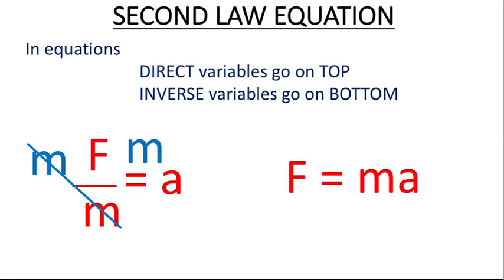And so what we have now is the equation F equals ma. This is the form you will see if you look in a textbook, and this equation is called Newton's second law equation. We're going to be using it a lot next week. Luckily, it's a very short equation, and so it's easy to memorize.